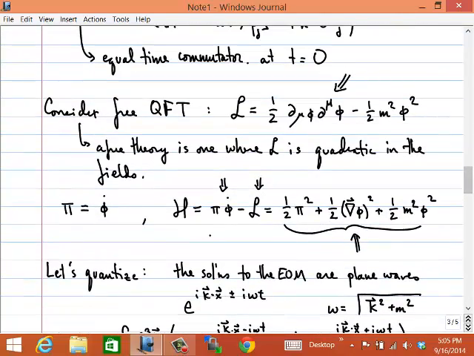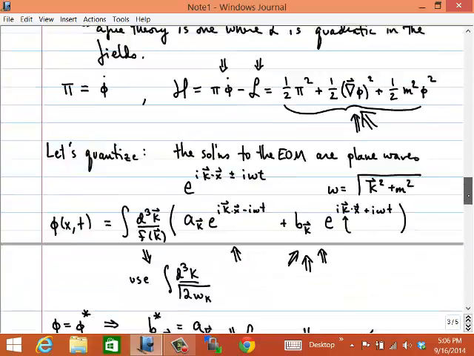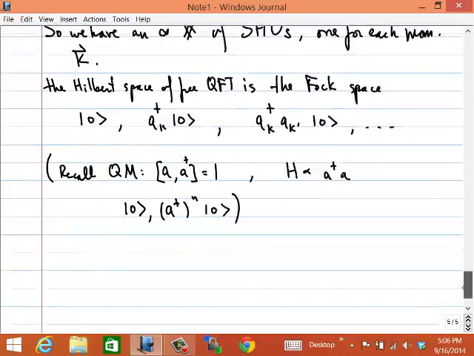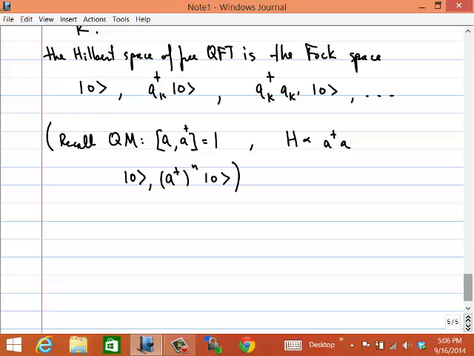It's just given by this expression here. Let's see what this looks like in terms of the raising and lowering operators. Hopefully you're not going to be terribly shocked when I tell you that it's exactly the same Hamiltonian that I wrote down for you a week ago when we directly constructed the Hilbert space and the Hamiltonian of a non-interacting free field theory.